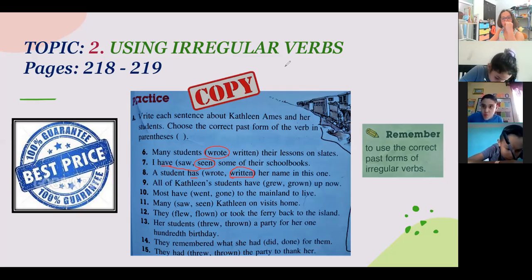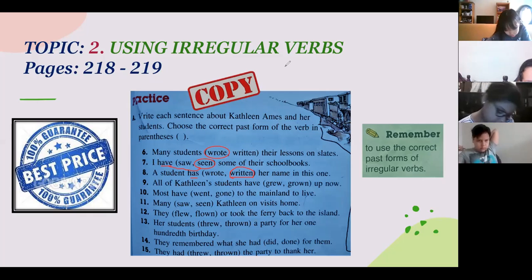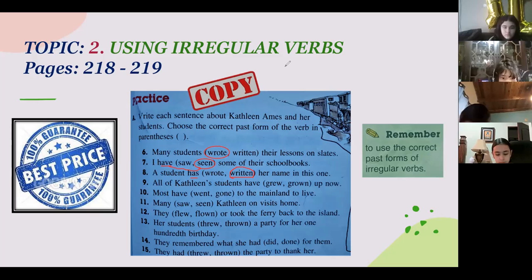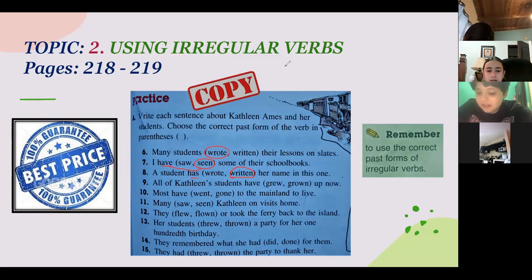Number 9. Who wants to try number 9? Khaled, what is the answer of number 9? Read the sentence. All of Kenyan students have grown up now.